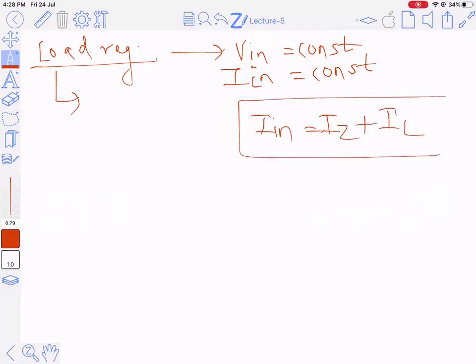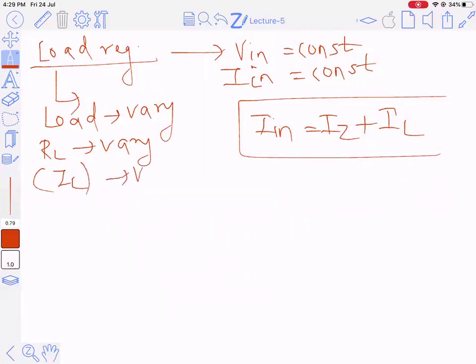So what is varying over here? The load is varying. I need to regulate that. So load is varying means RL is varying, which means IL is varying. There can be two conditions. If RL increases suddenly in the circuit, what happens?